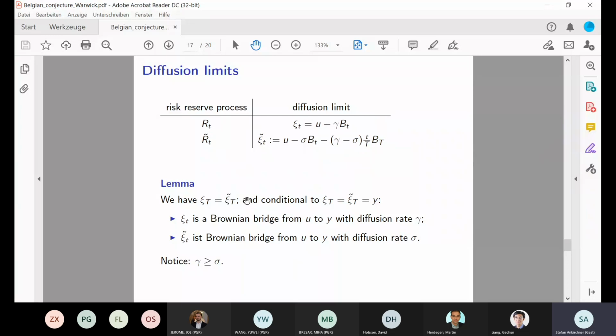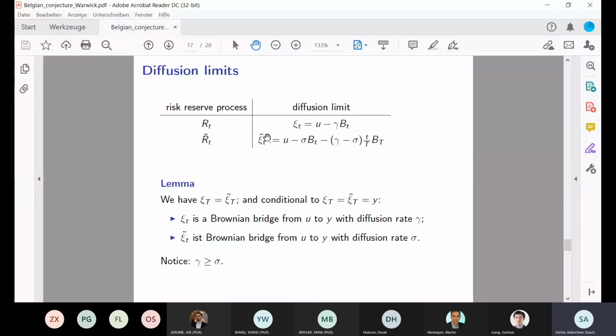And now comes the part where we know more. Given that they all end in the same random variable, we can now look at the processes conditioned on the terminal value. If you condition a Brownian motion on its value at time T, we obtain a Brownian bridge.